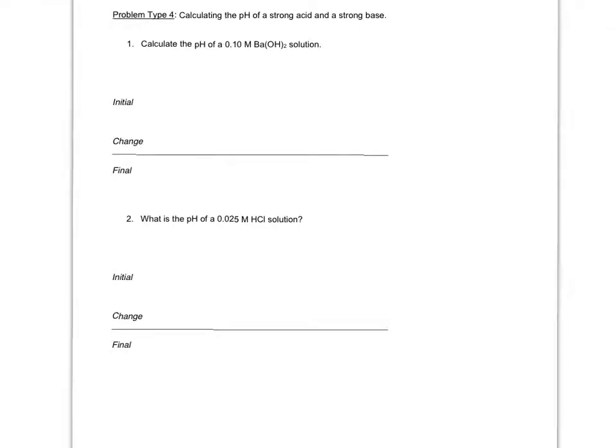What we're going to look at now is how to determine the pH of a strong acid or a strong base. If you recall, a strong acid or a strong base completely dissociates into ions in solution. So let's go ahead and do this example together. We're going to calculate the pH of the strong base barium hydroxide.